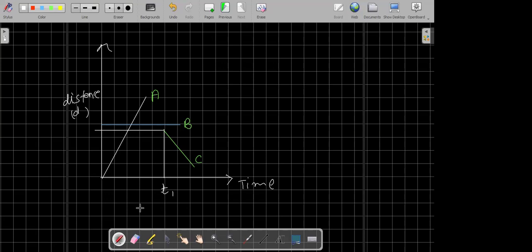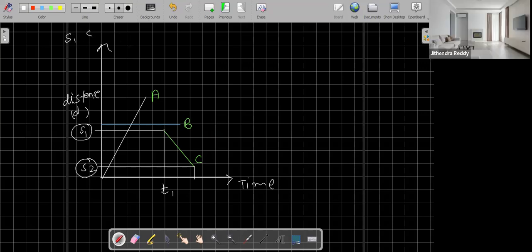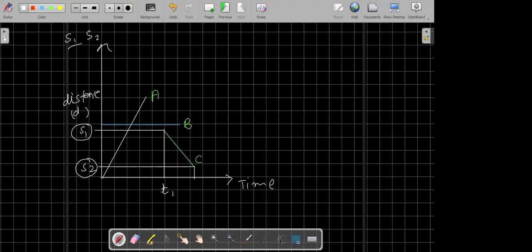Let this be time t1. At the next time when it ends, the graph cuts over here, and accordingly on the y-axis this is the second point. Let these be the points S1 and S2. Initially it had traveled the distance S1 and finally it has traveled the distance S2. Out of S1 and S2, which one is greater? S1 is greater. S1 is the distance at time t1 and S2 is the distance at time t2.